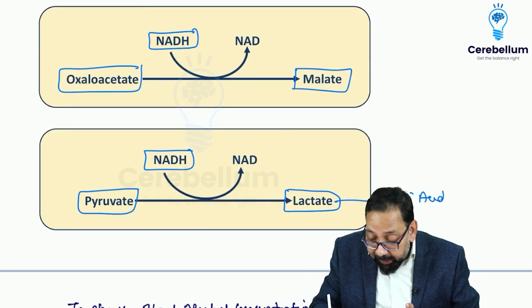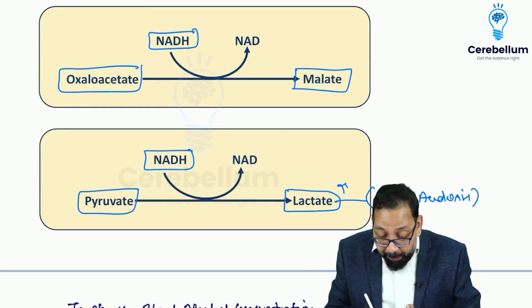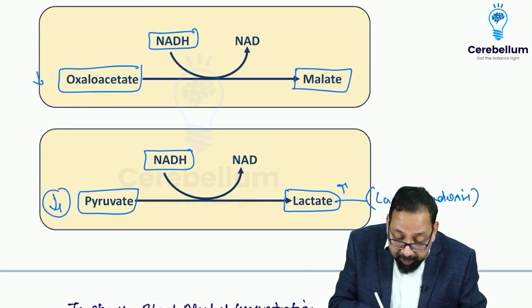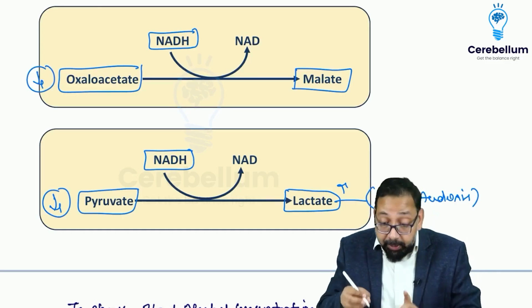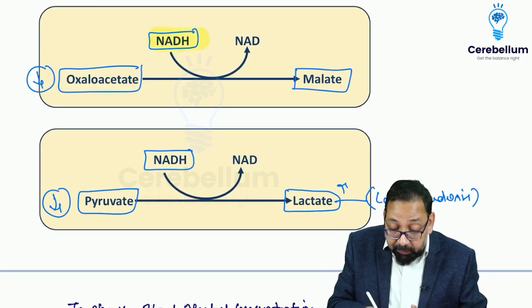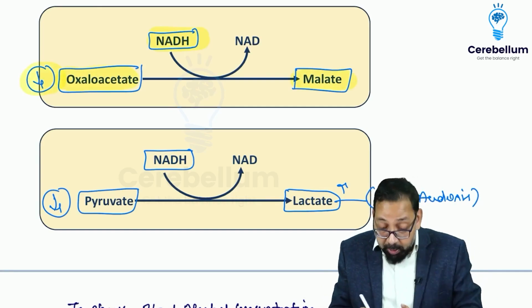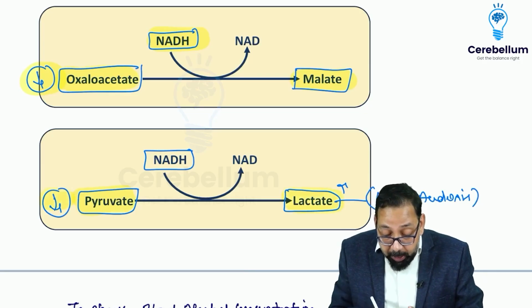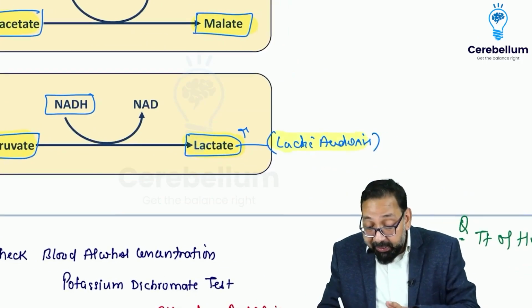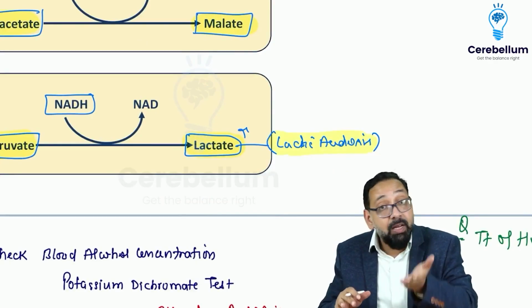Lactic acid will be increased. Pyruvate will be decreased, oxaloacetate will be decreased. Again, I'm repeating that NADH is high, that's why oxaloacetate will be converted to malate, so oxaloacetate is decreased. Pyruvate will be converted to lactate, pyruvate will decrease, and lactic acidosis would be there, lactic acid will increase.